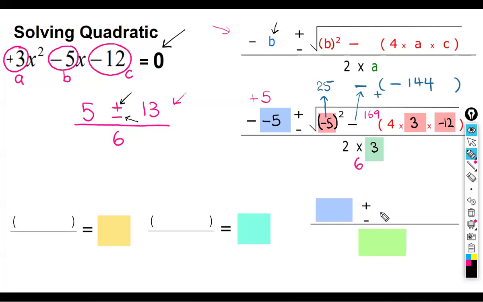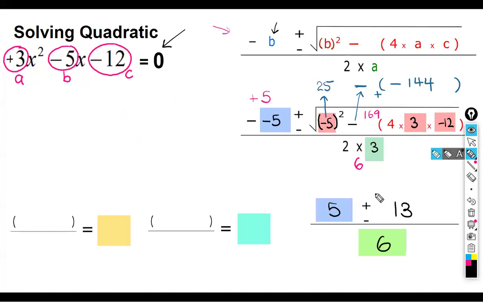Oh, by the way, sorry, we have 5 plus or minus 13 divided by 6. I forgot to put a space over there for it. So we are going to pay attention to the positive first and then the negative. Here's what we're going to do. We're going to say 5 plus 13, ignore the negative, and then divided by 6.